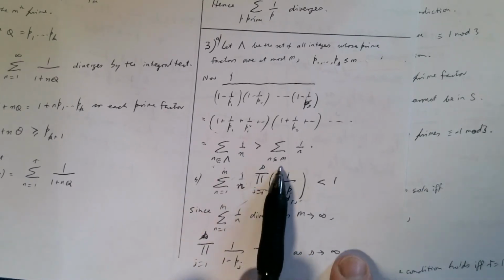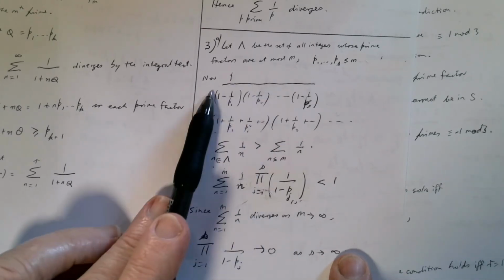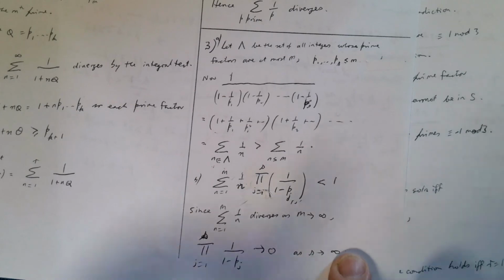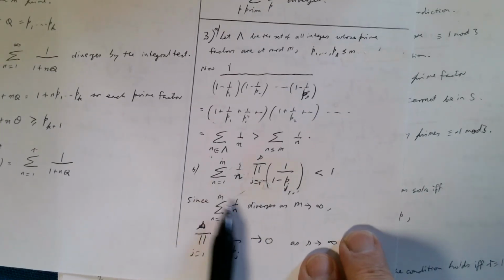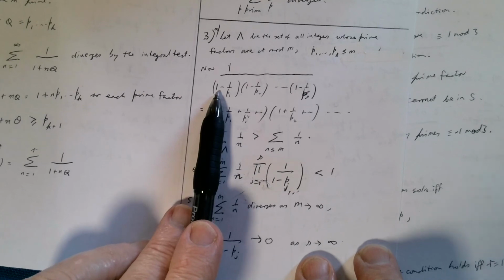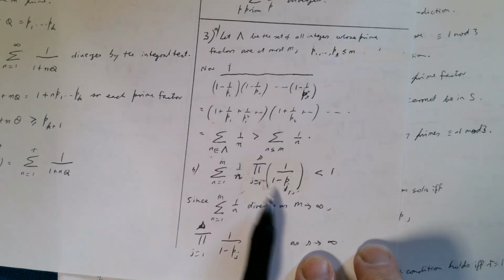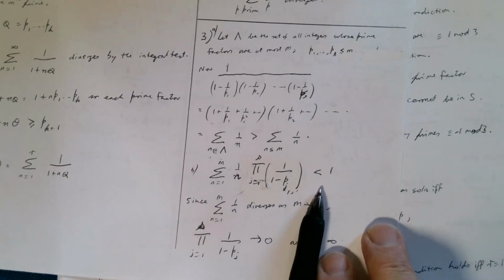Now if we multiply this up to the other side and rewrite, we get the sum for n equals 1 up to m of 1 over n multiplied by this product. I'm multiplying both sides by this infinite product, and this will turn into 1. So this is going to be less than 1.